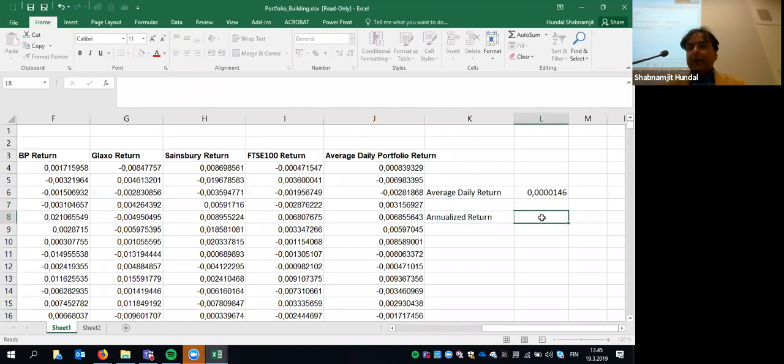Does somebody remember the formula? Was it so that it was average daily return to the power of 250 minus 1? Is it so? No. To the power of 250. Or what was that?